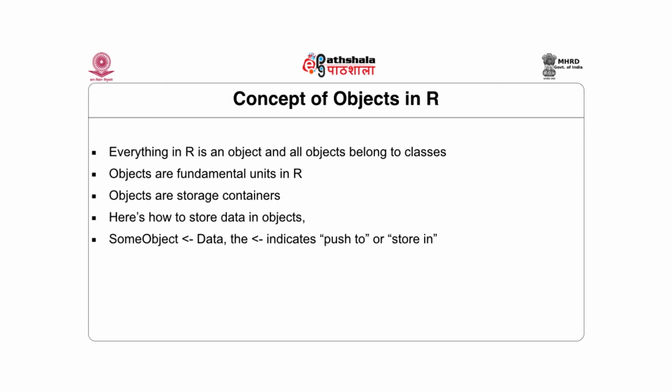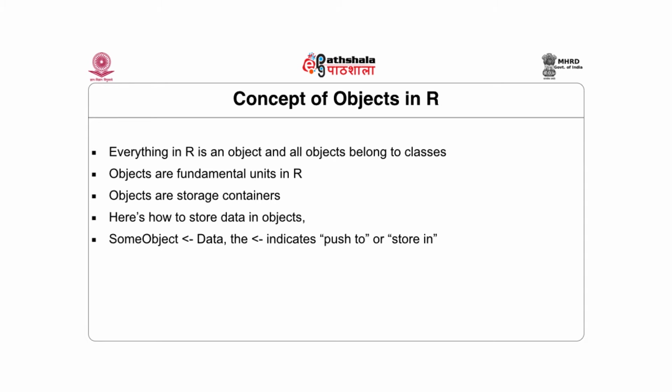Any information which is present on the right side of the arrow and dash gets stored into the named object which lies on the left-hand side. That's why we say that we use assignment operators, with an arrow that points to the left and a dash, to assign values on the right-hand side of the assignment operator to store data on the left-hand side.